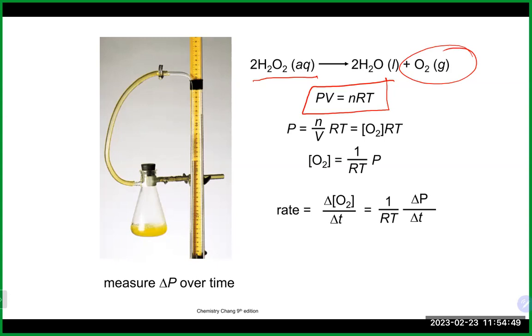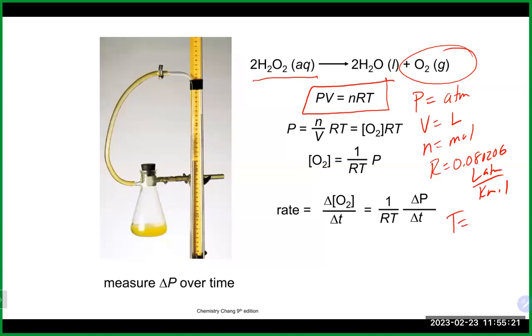All right. So PV equals nRT is our ideal gas law. We remember that one. When we use the ideal gas law, it needs to be in certain units, right? Pressure needs to be in atmospheres. Volume is in liters. n is moles. R is the gas constant, which is 0.08206 liters atmosphere per Kelvin mole, and temperature needs to be in Kelvin, right?